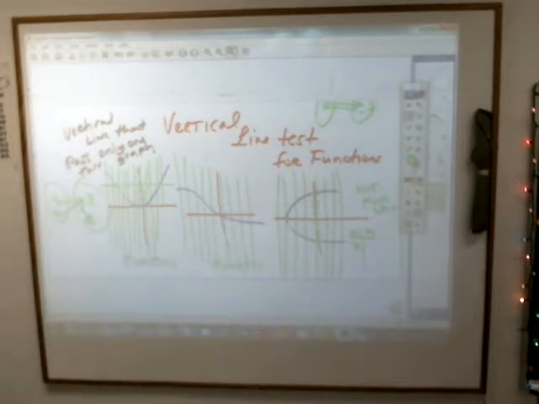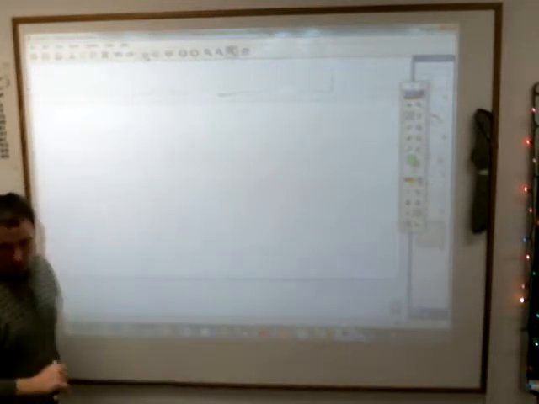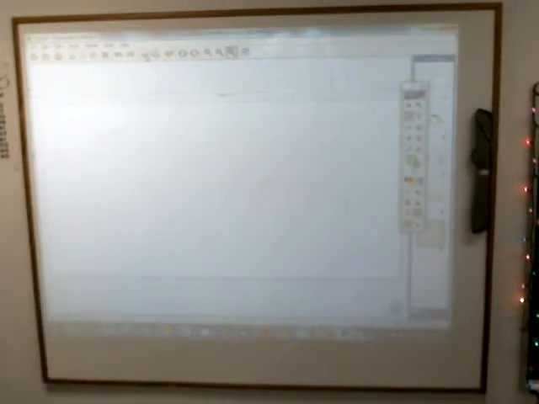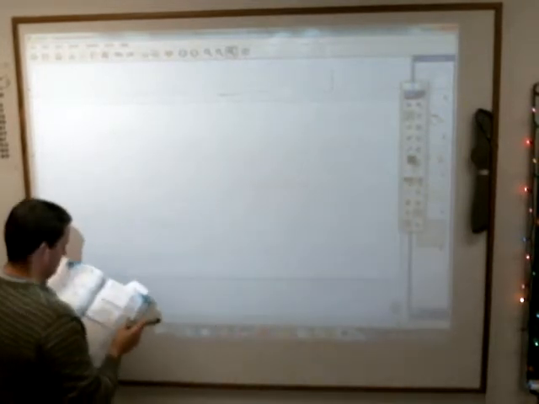And then one last thing here. They will also give you a bunch of points and ask you if the thing is a relation or a function. For example, let's write this down.